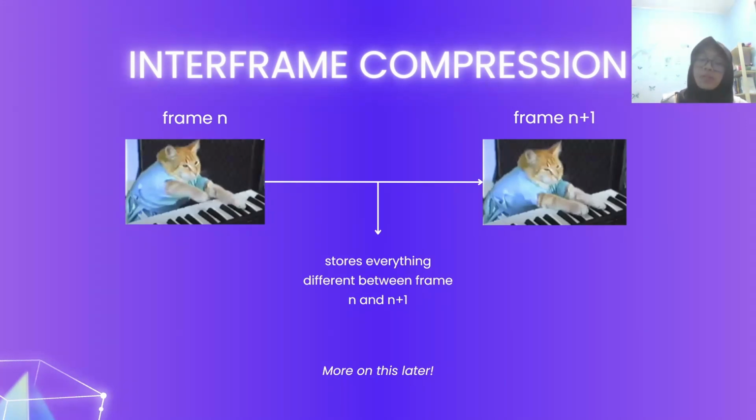Instead of storing every single frame with all the redundancies, because sometimes frames don't look that different from each other, interframe compression stores everything different between the current frame and the next frame. We'll learn about this later, where we dive deeper into how interframe compression works.